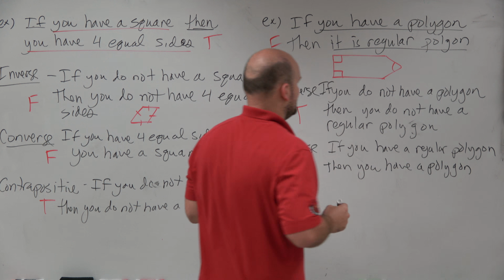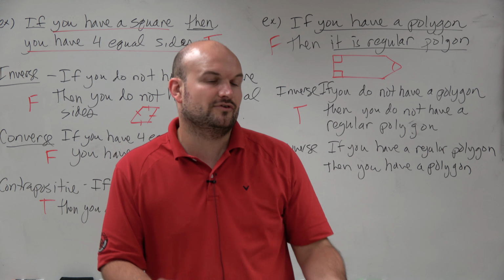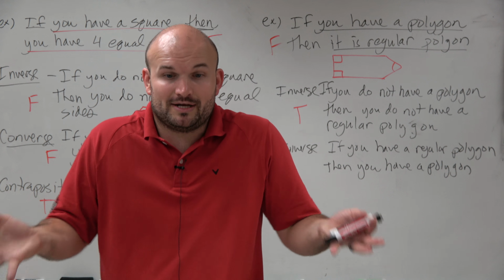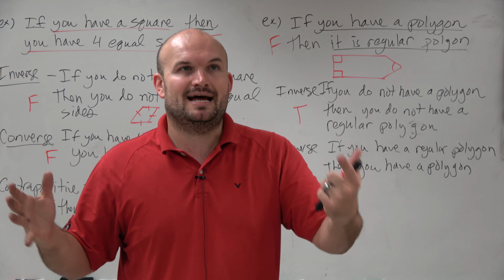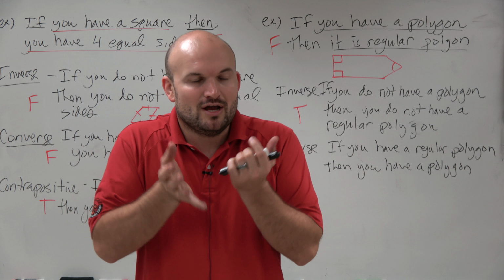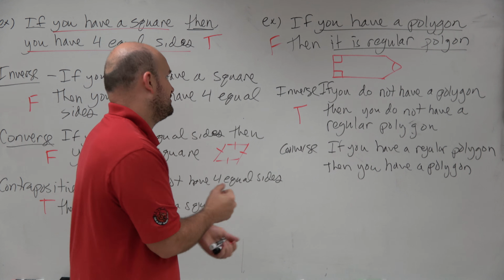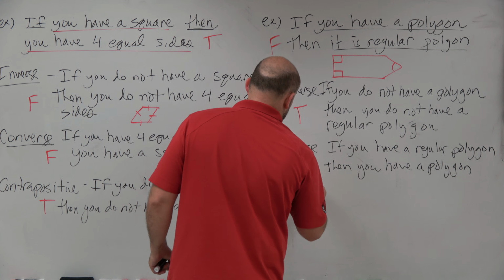And that's very similar to our justification for the inverse being true. Obviously, if you have a regular polygon, that means it is a polygon, right? You can't have a regular polygon and it not be a polygon. Regular just means it has equal sides and equal measurements. So therefore, that is true.